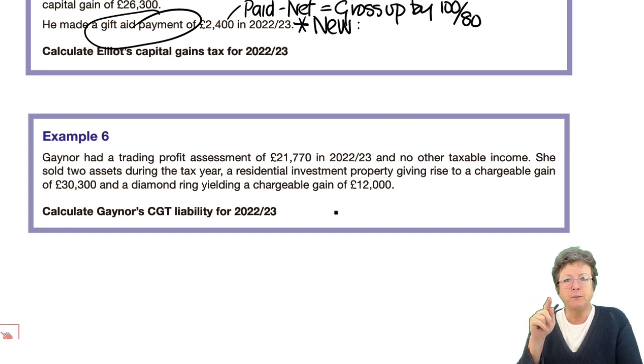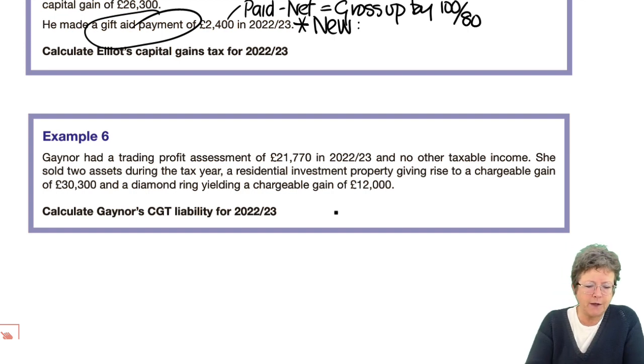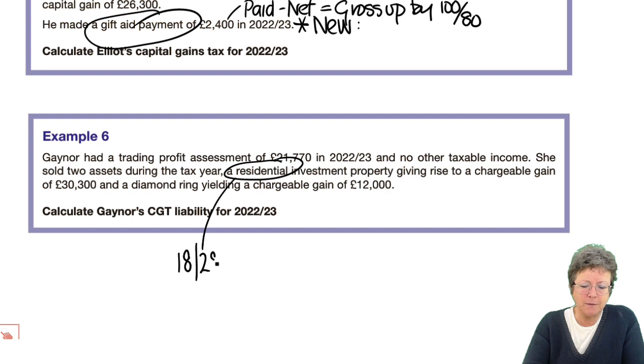Now, we're going to put several rules together here. This is a residential property. Therefore, that's going to be taxed at 18 and 28%, whereas the ring is going to be taxed at 10 and 20%.